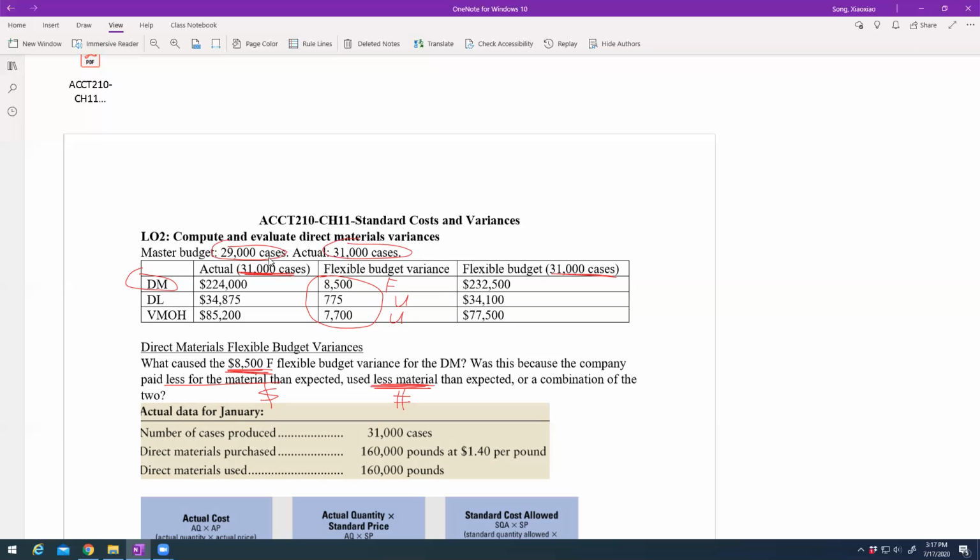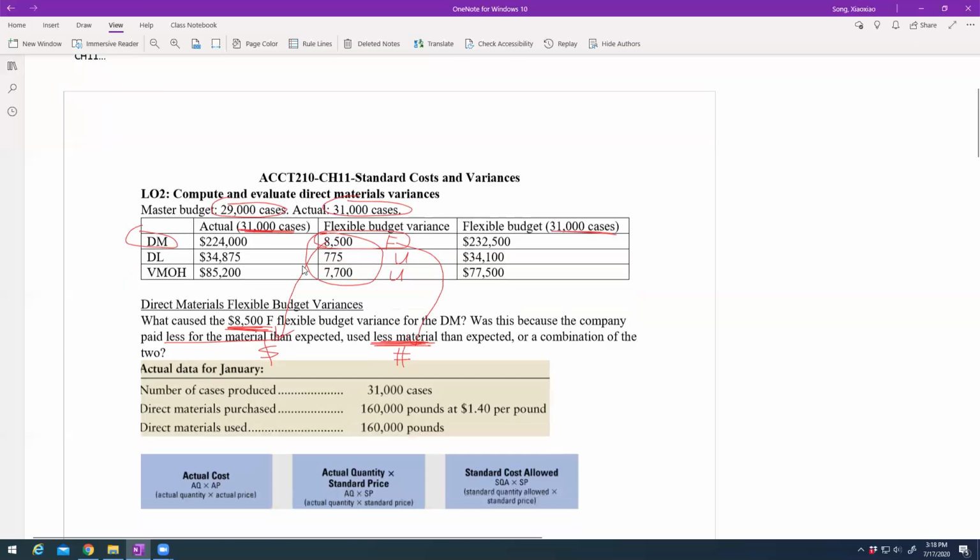So we have to break down this flexible budget variance into two parts to figure out the reason: is it the price reason or the quantity reason?